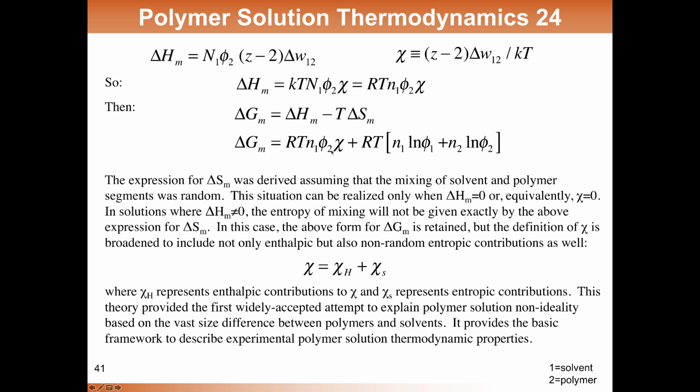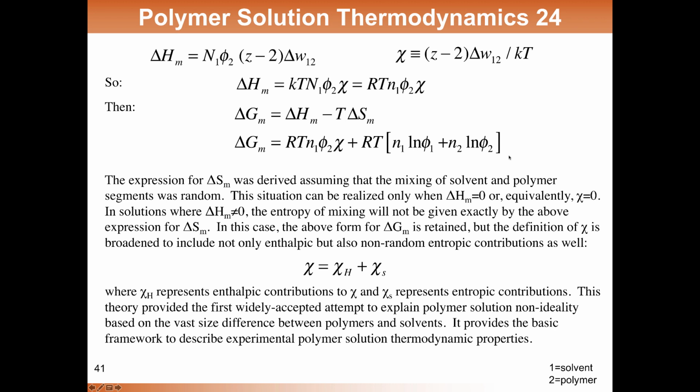Having this term present will necessarily throw off this calculation of the entropy a little bit, because if you have associating components, because they don't have delta H of mixing equal to 0, then the mixing won't be completely random as given by this expression.